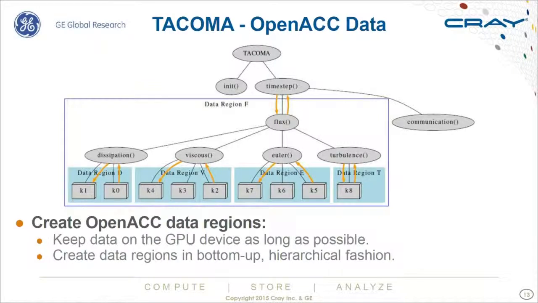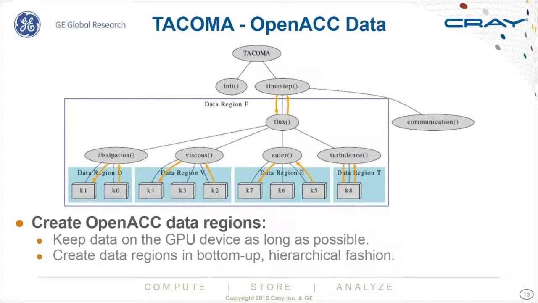Then that data can be reused throughout the life of those 3 kernels, and then perhaps some results transferred back by that other orange arrow. You can build these data regions hierarchically so that you can divide and conquer, and you don't have to look at all of the kernels at the same time. You can start to group them into their own data regions.